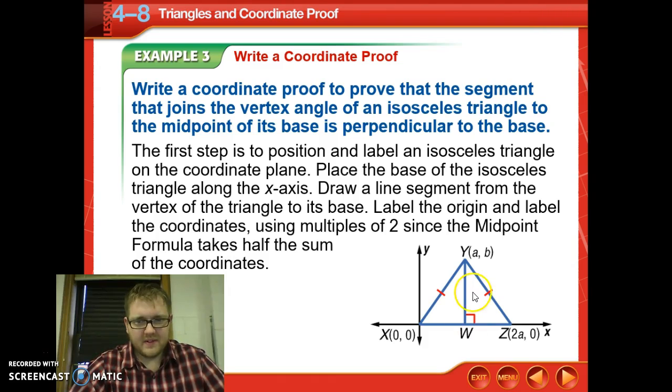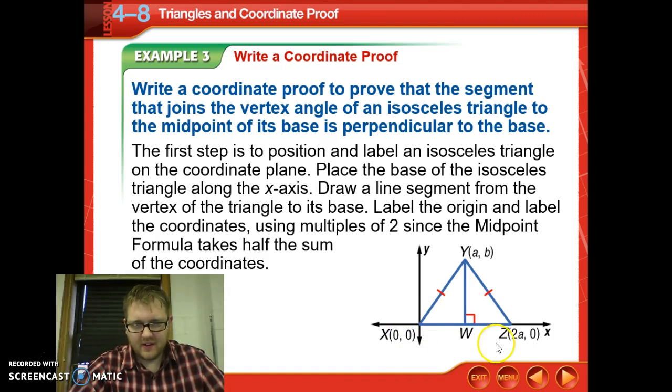So first we want to position it on the coordinate axis like they did here, with one vertex at 0, 0. Then we want a line segment along the axis. They chose to use the x-axis and put XZ on it. And they chose to label the point Y (a, b), and you'll see Y here.